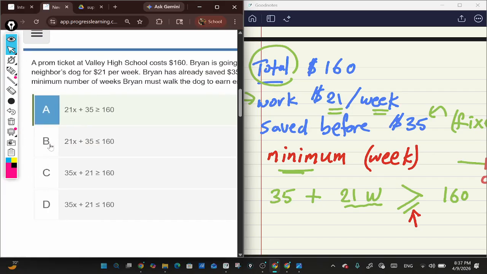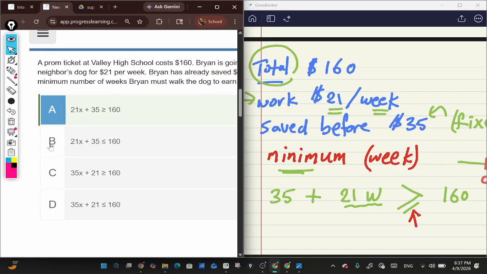What's the problem then with option B? Look at this. We have 21x, yes, and at the same time we have plus 35, yes. It is the same, but in this case we have less than or equal to 160.